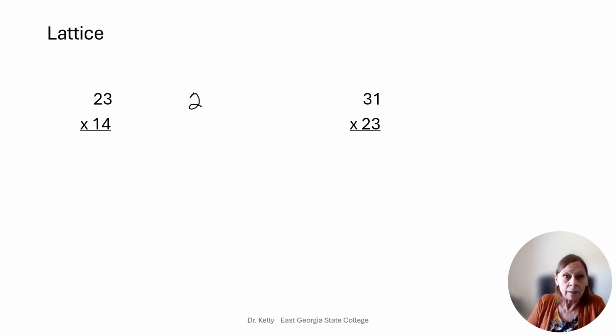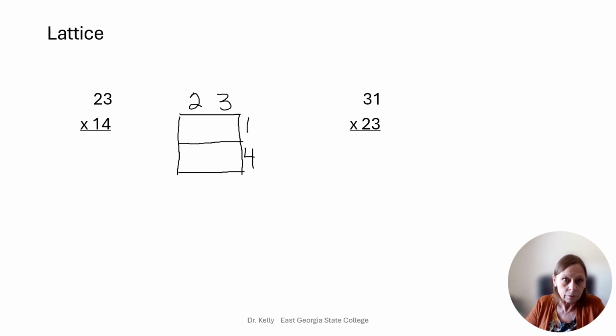Let's set up our lattice. So we've got 23 and 14. And each one of the squares has a diagonal. Okay, and each square needs a full number.